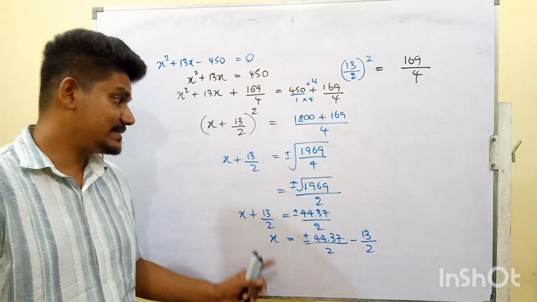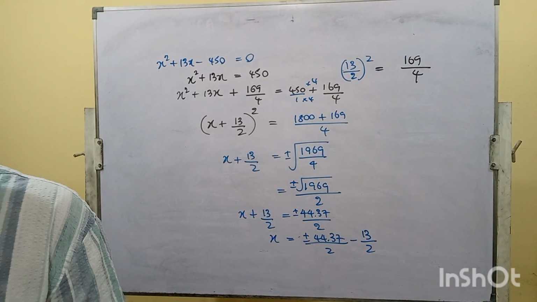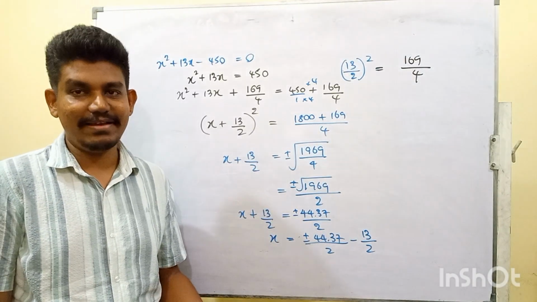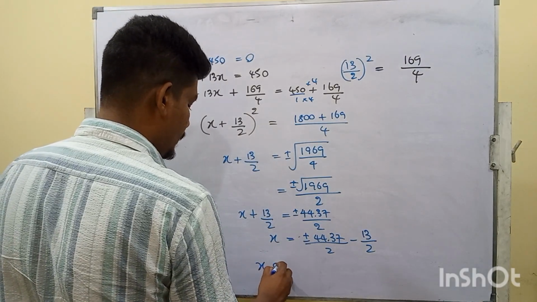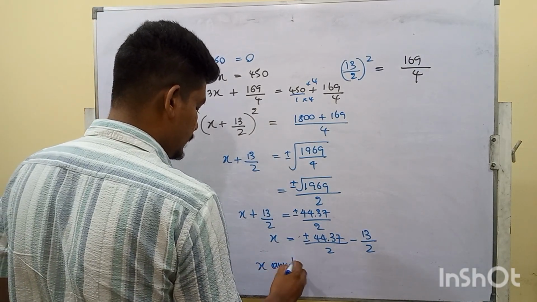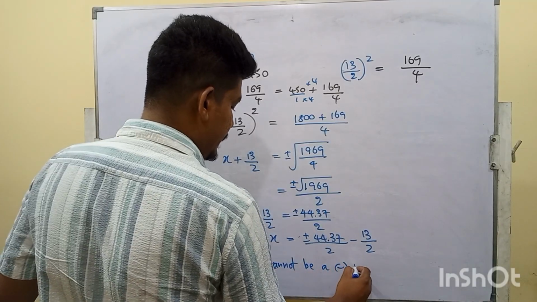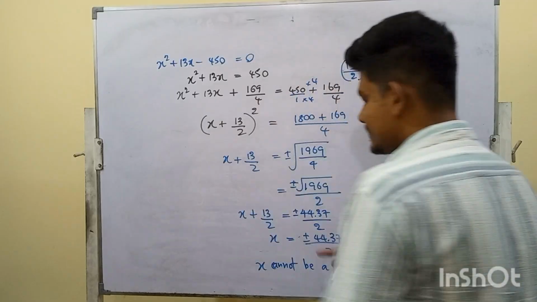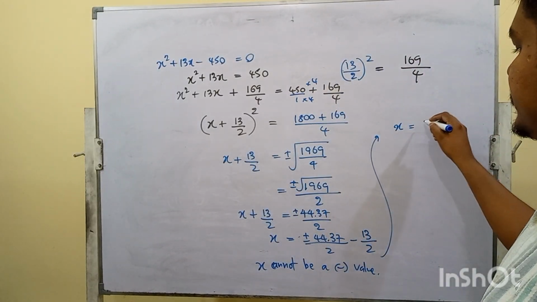No. Actually, x is the number of kilograms, the quantity of kilograms used. It cannot be a negative value. So x cannot be negative, and we consider only the positive value. I am taking only the positive plus value.